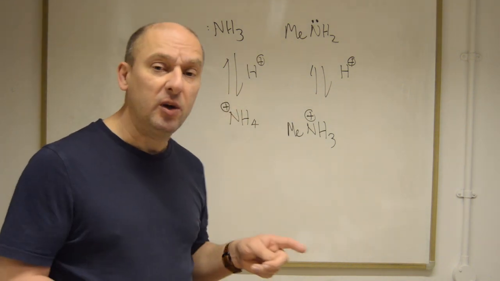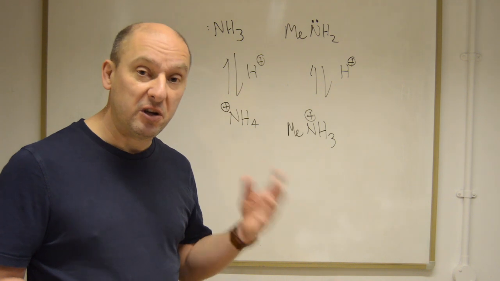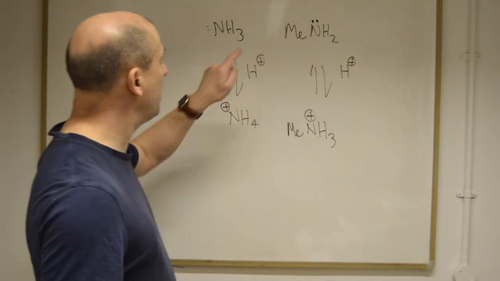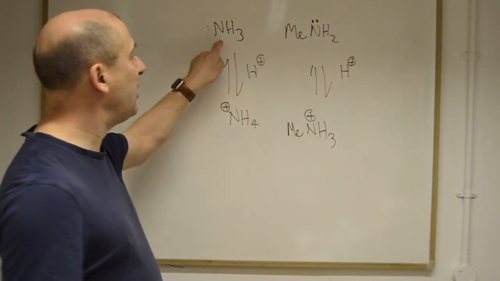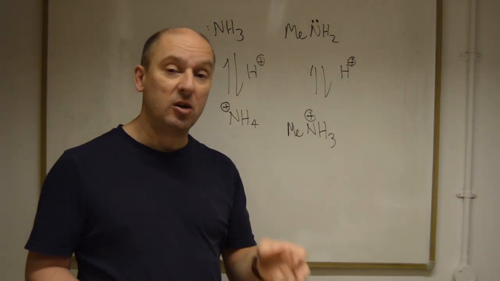The bit that's new is the pretty clear evidence that, in line with the other data, the amount of negative charge on the nitrogen here is lower than here. So the methyl group is not donating electron density, it's actually withdrawing it.